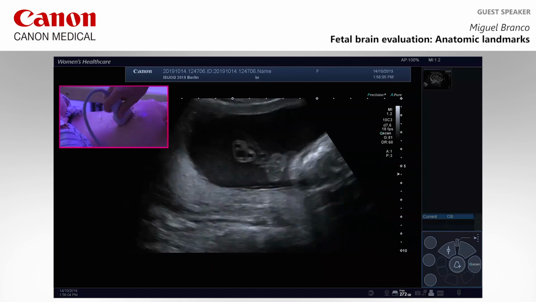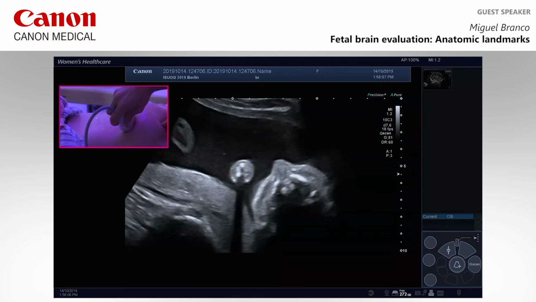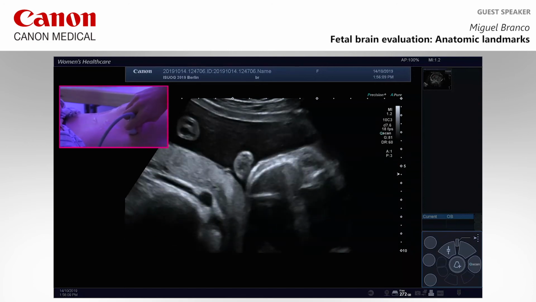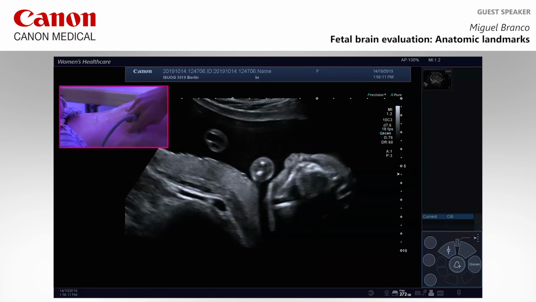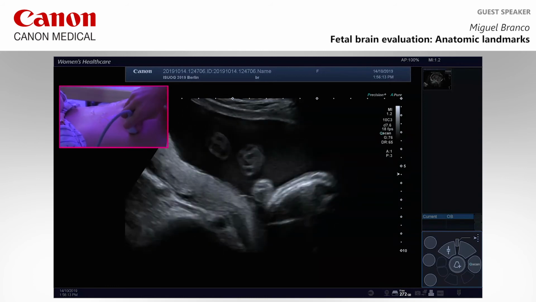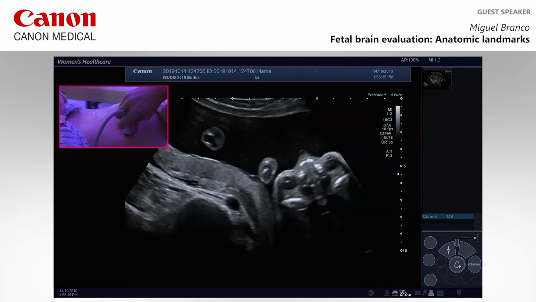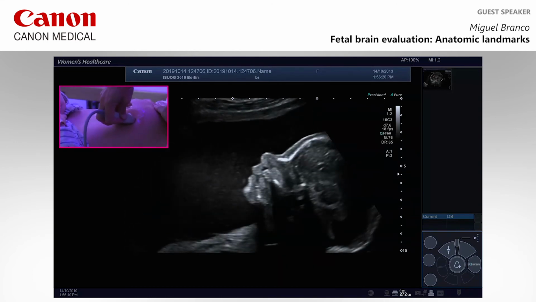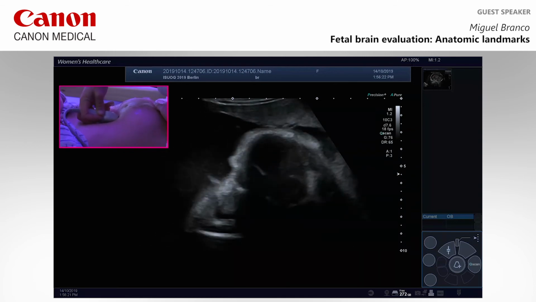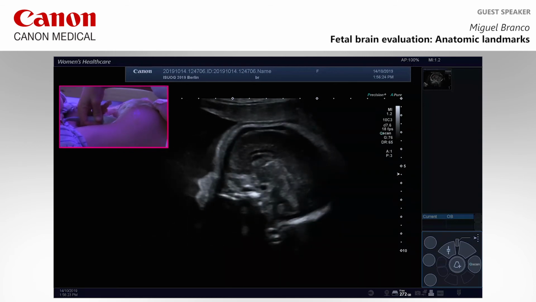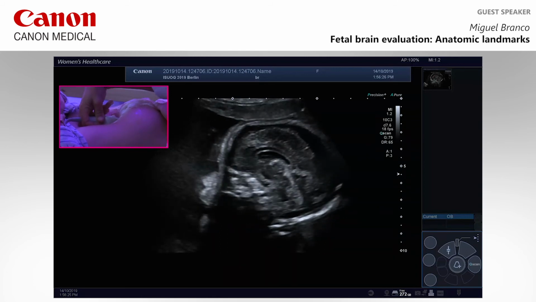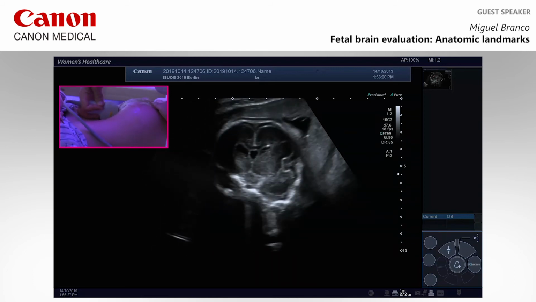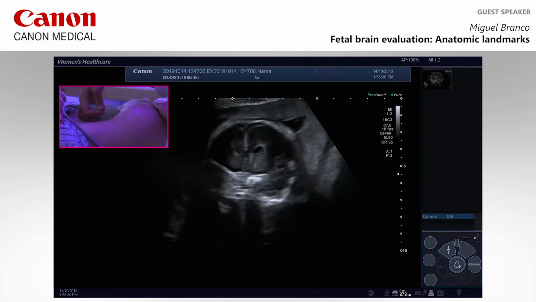I'm turning around. Both eyes, profile, mid-sagittal, coronal evaluation.